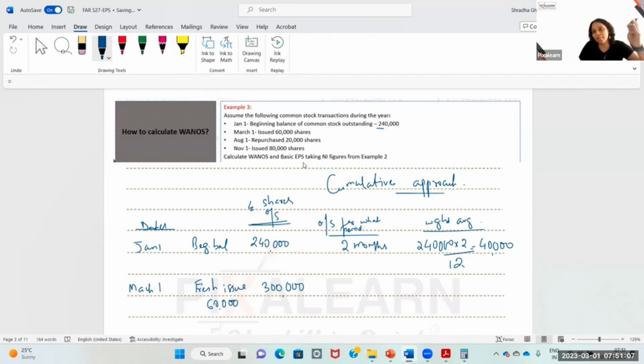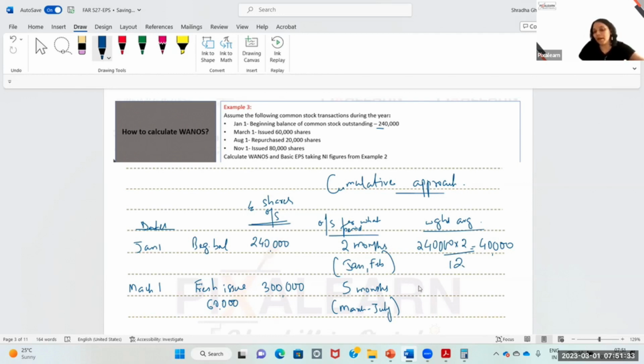For how many periods? March, April, May, June, July, 5 months. Have you understood this? March to July. This is Jan and Feb. So I'm taking a cumulative approach. For the next 5 months, I had 300,000 shares outstanding.